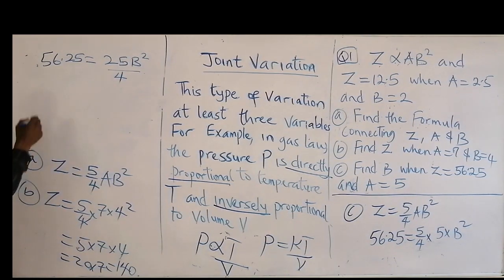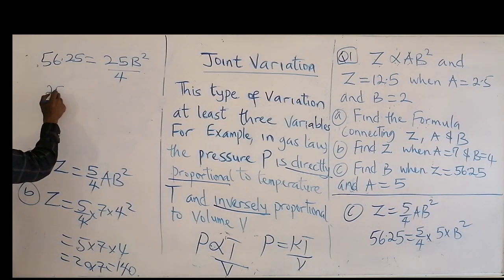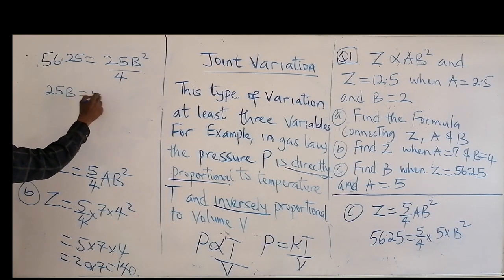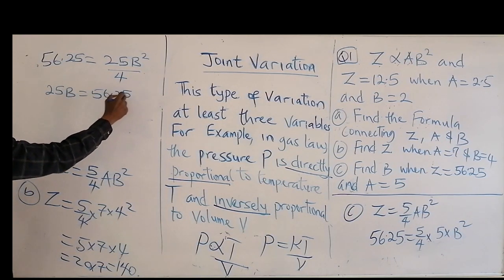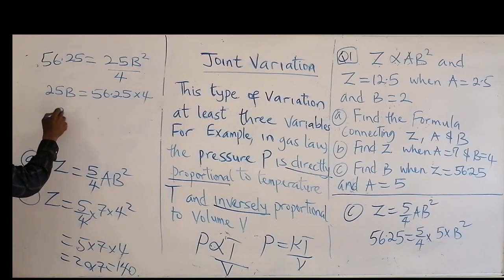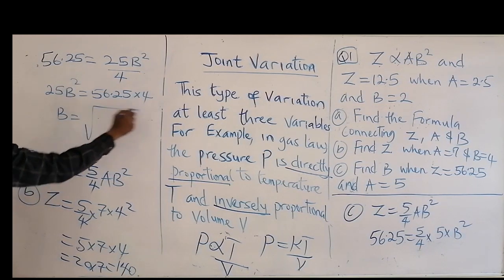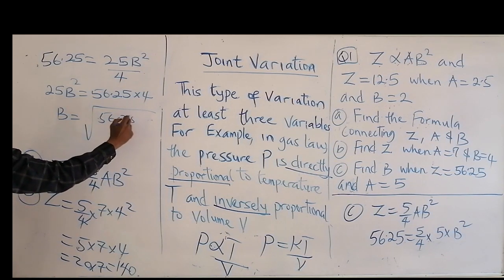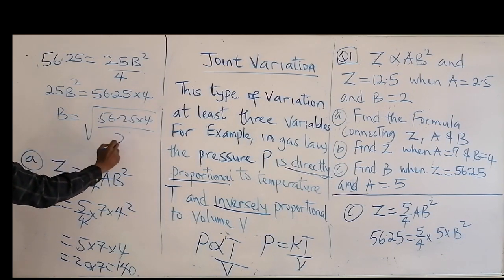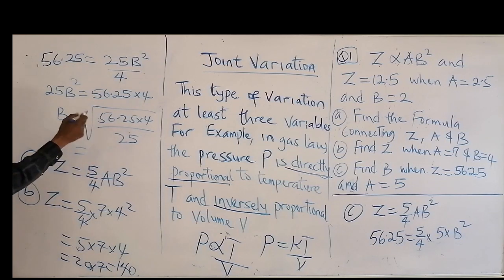Then cross multiply. So we have 5B squared equal to 56.25 times 4. So B squared is equal to 56.25 times 4 all over 5. Then quickly punch your calculator for that. So that's that on this question.